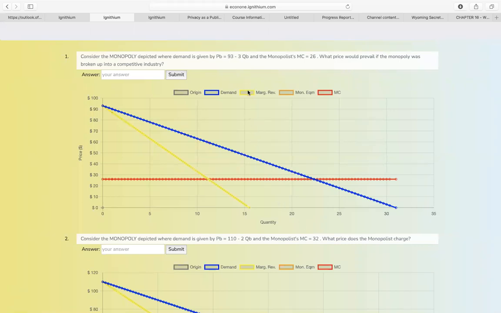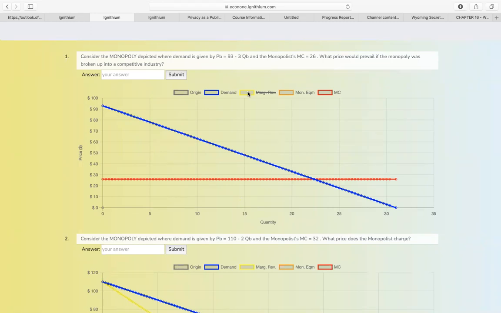So for the supply and demand graph, we would just be looking at that without the marginal revenue, right? So then you can go ahead and go from there.